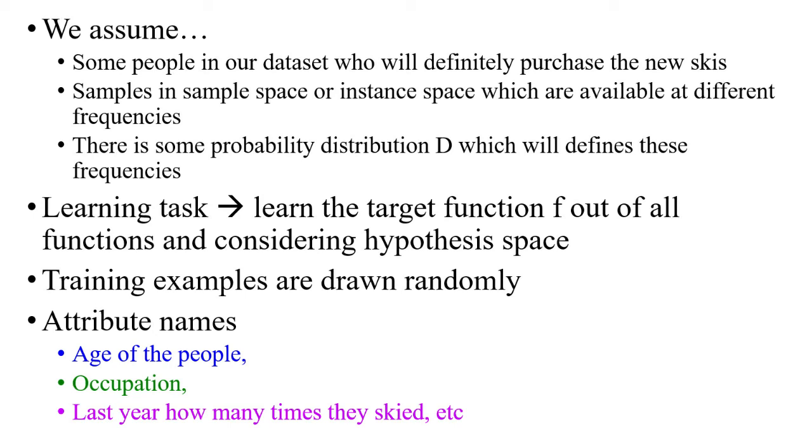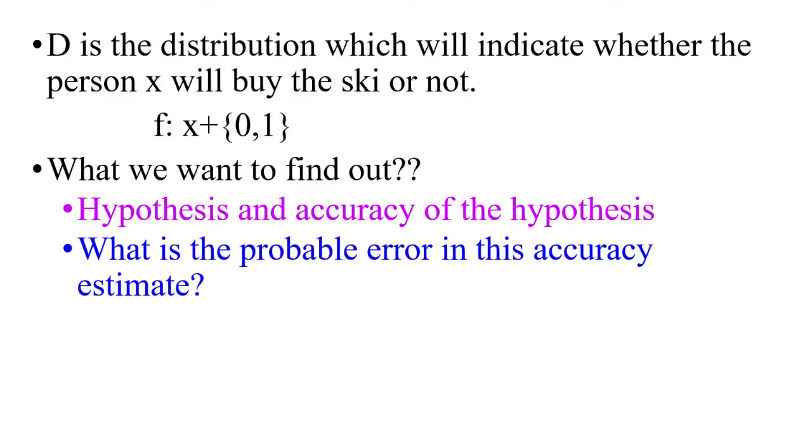Here capital D is the distribution which will indicate whether the person x will buy the ski or not. It is indicated as 0 or 1.